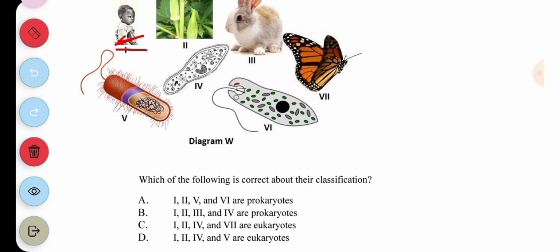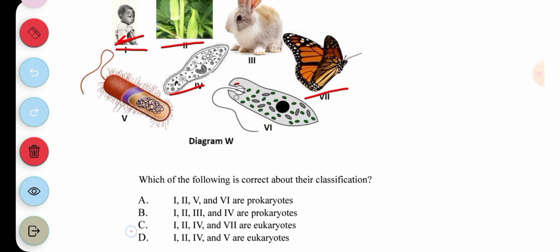So C, we have I, which is yes, a eukaryote. II, which is a plant cell, which is a eukaryote. IV, paramecium, which is also a eukaryote, meaning it has a membrane-bound nucleus. And then VII, which is also a eukaryote.